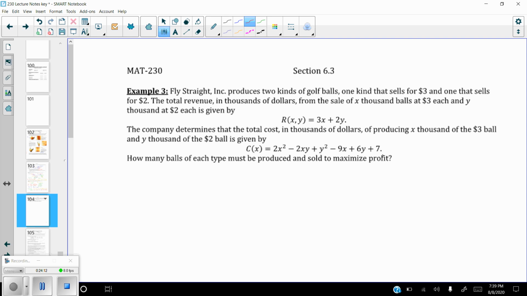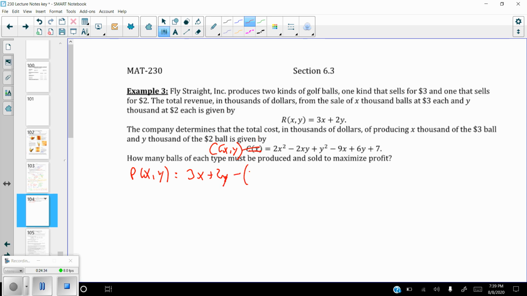So the first thing we need is the profit function. By the way, this should say C of x, y, not just x. So we need revenue minus cost. Profit of x, y is the revenue function, 3x plus 2y, minus the cost function.